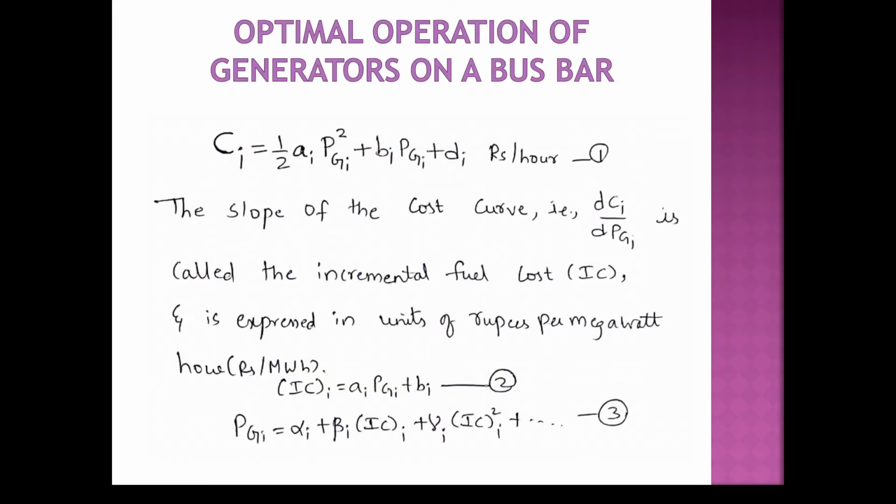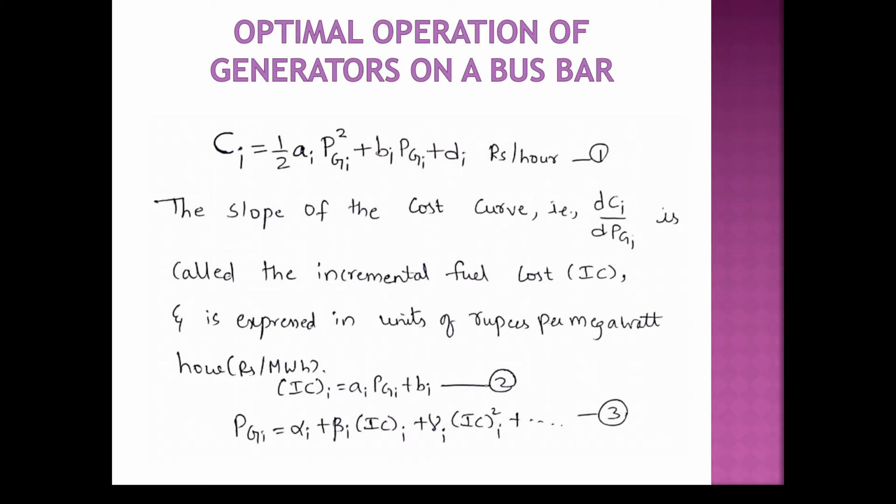Now let us see an equation for Ci, that is half a_i P_Gi squared plus b_i P_Gi plus d_i. So this is a second degree polynomial equation. Why are we using this equation?